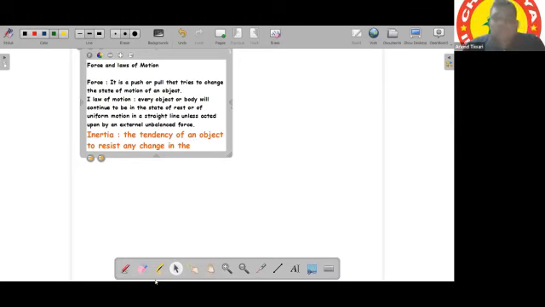And so we were talking of inertia. Chavan, you have written about F equal to ma. That is not inertia. We come to inertia first.